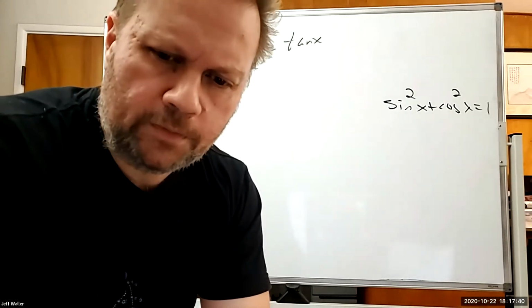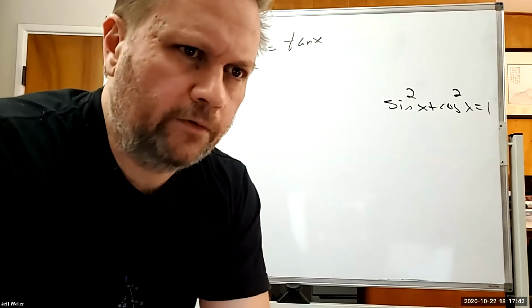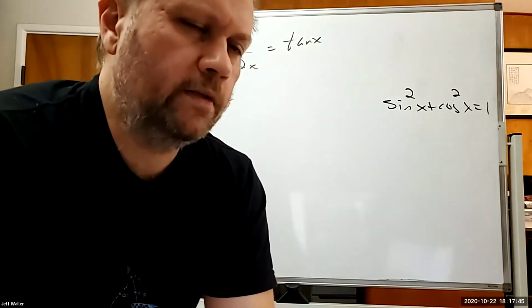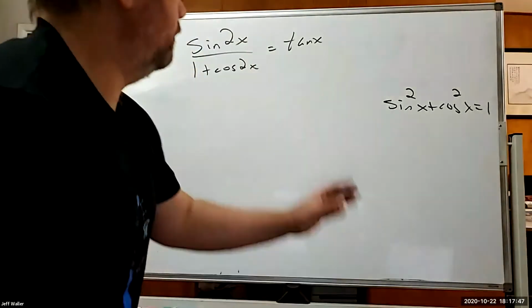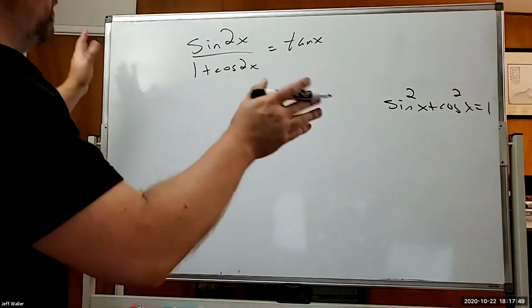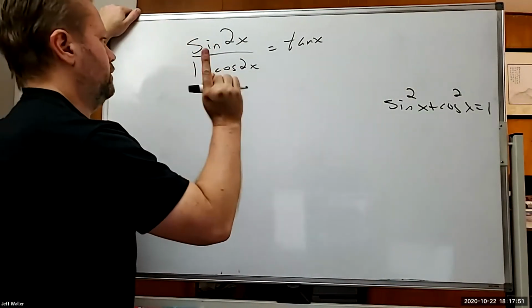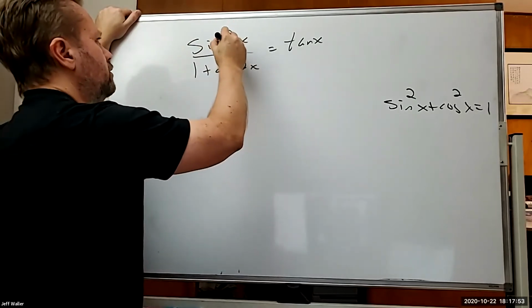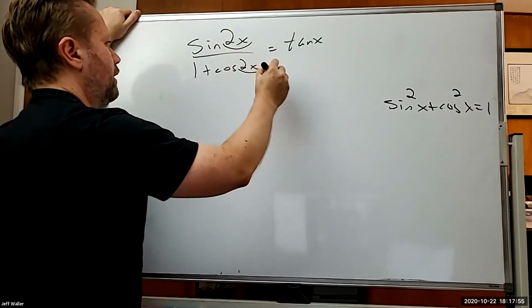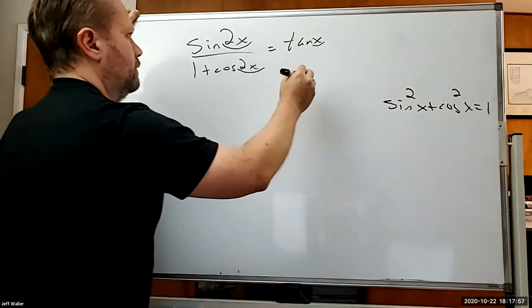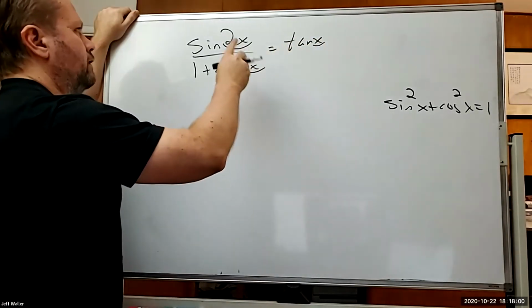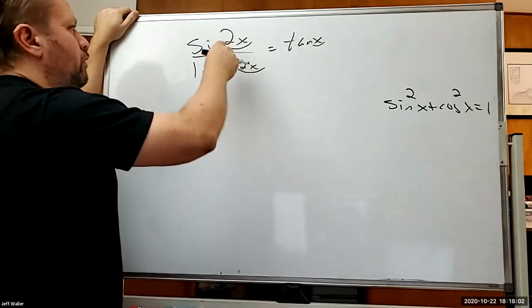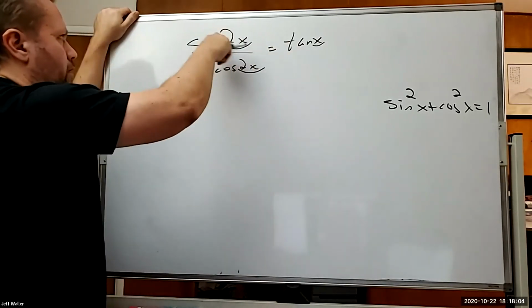So did this one stump everybody? Or maybe people that have already spoken have done something, but all right, let me see. Watch this. Some of my trig functions are in terms of double x, and one of them is in terms of x. So obviously I've got to convert. There's no way that this can equal that unless I can make all this in terms of x.